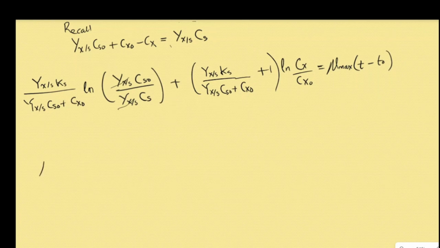First of all, mu max into t minus t0 is equal to, so let me start with this term.